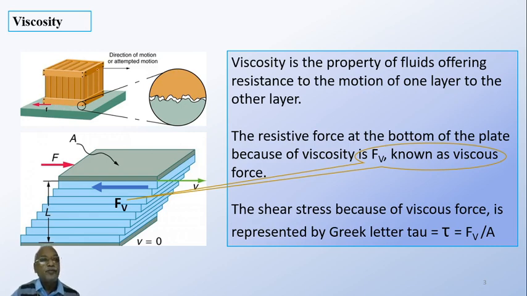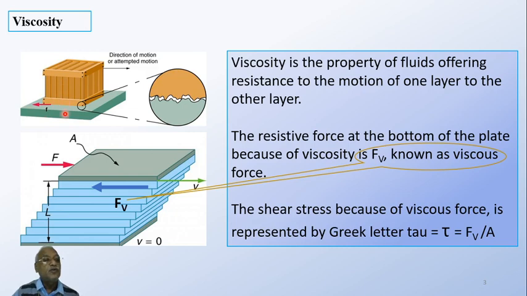When you try to push this, the direction of motion or attempted motion, it is being pulled, then this box will have a tendency to move in this direction with respect to the surface. Naturally, the surfaces will not be perfectly smooth. There will be some kind of roughness. It is exaggerated and shown over here. And because of that, there will be a resistance. And that resistive force is friction.